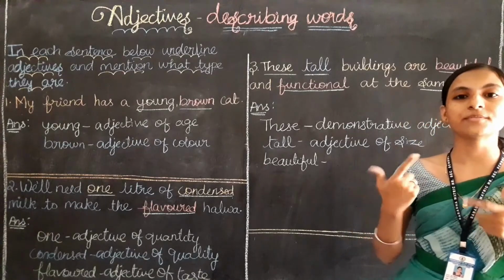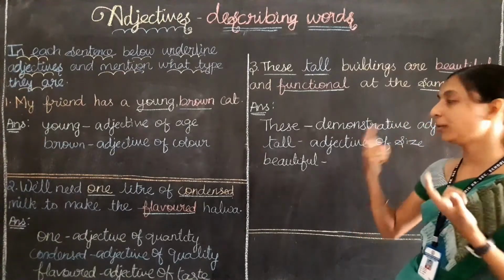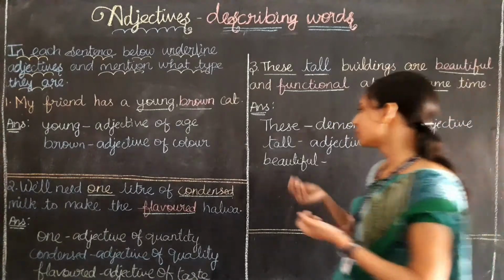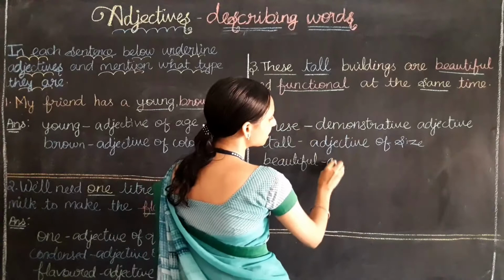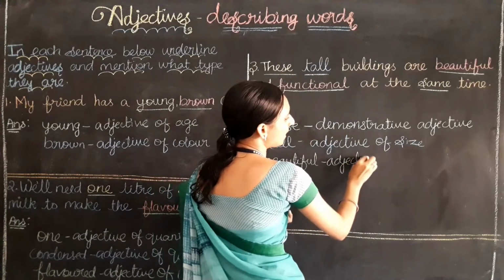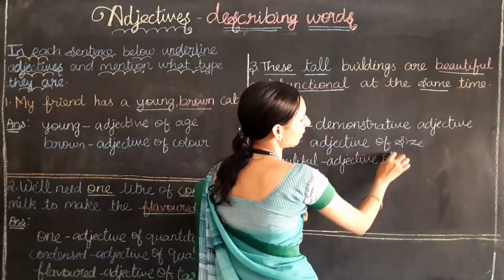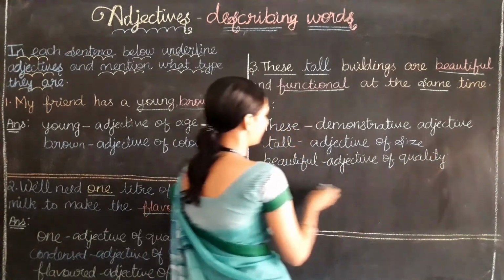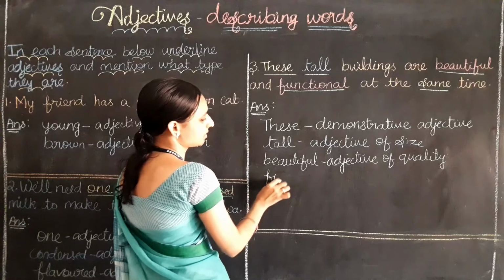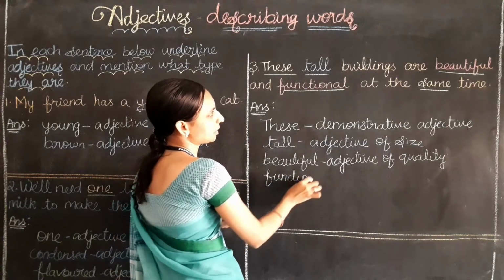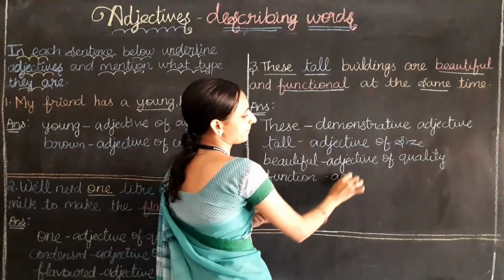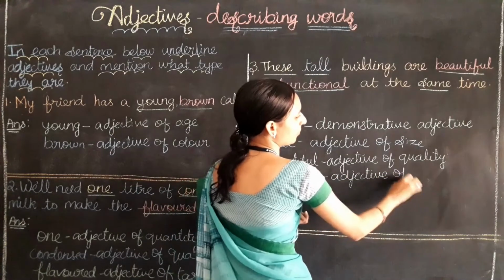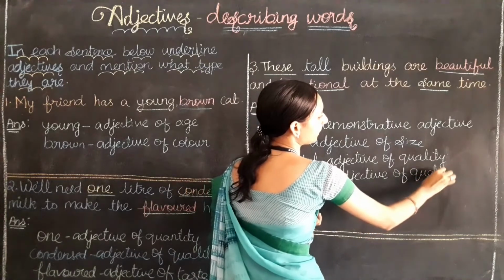This building is very beautiful and functional. These both words act for the quality only. So for both we are going to write adjective of quality. Functional is also adjective of quality.